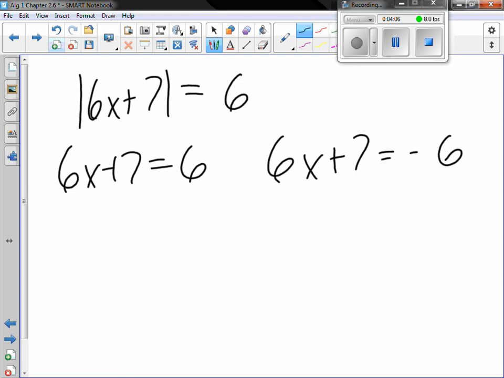So when we look at not equals anymore, when we look at greater than or less than, greater than or equal to these inequalities, we're going to rewrite one of them by just dropping the absolute values.